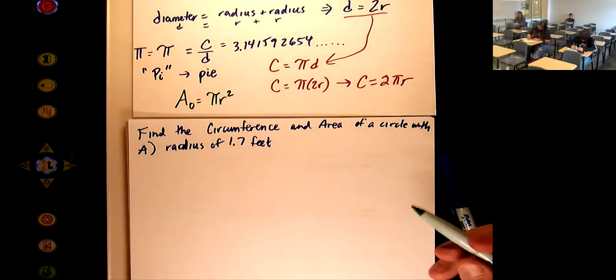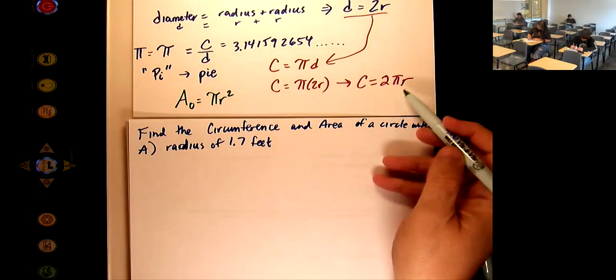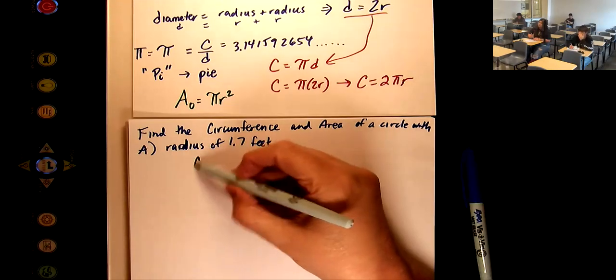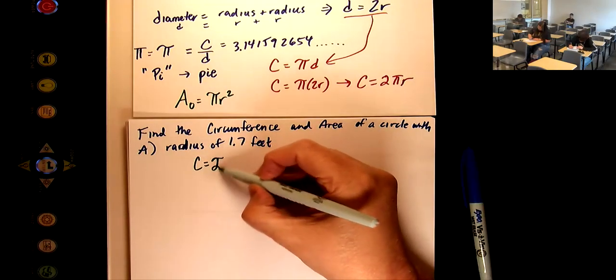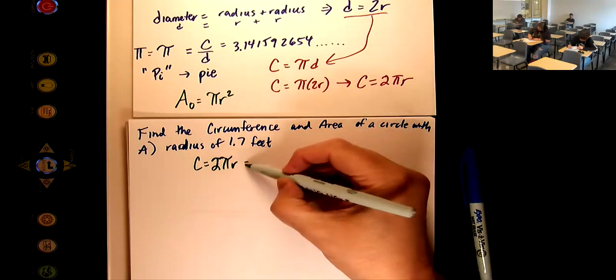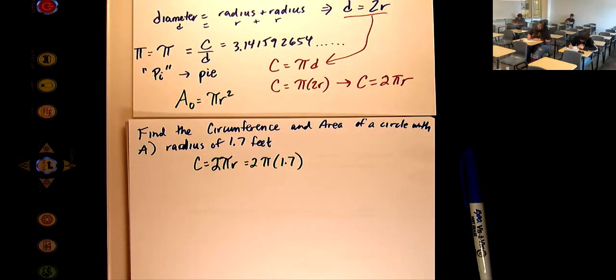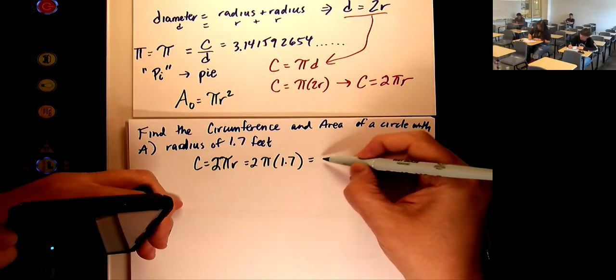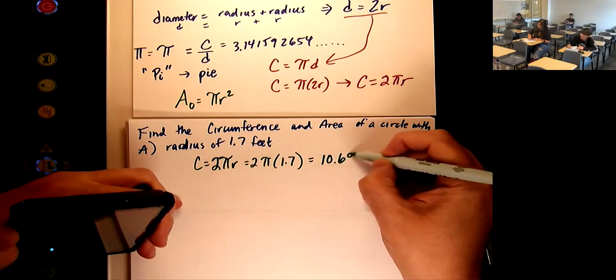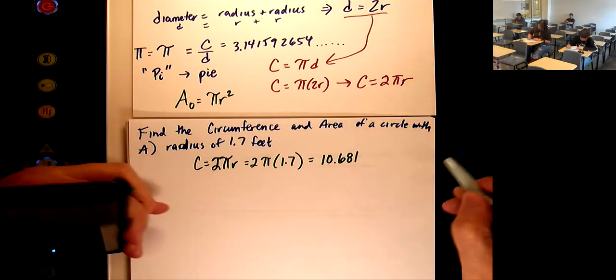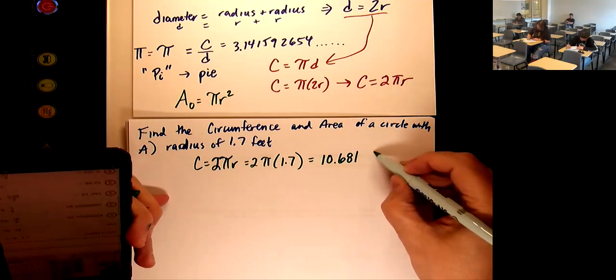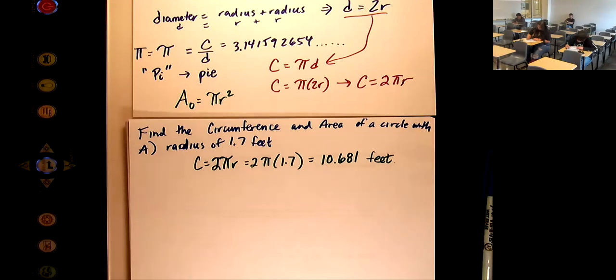So since we have the radius, I'm going to use the circumference one that has 2 pi r. And I'll just do 3 decimal places from here on. 10.681, same units as the radius, feet.